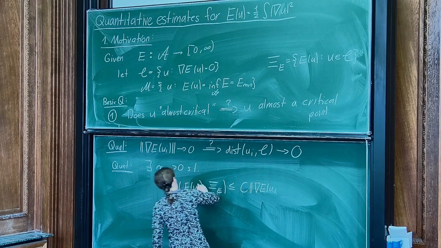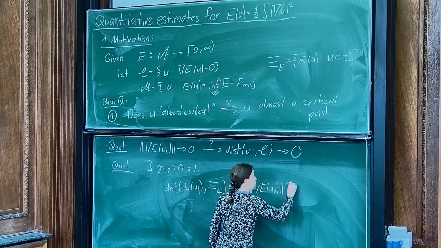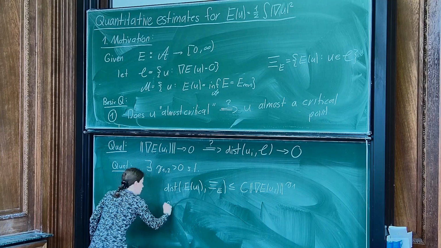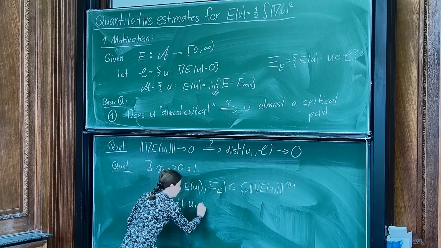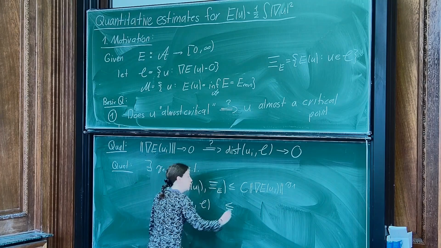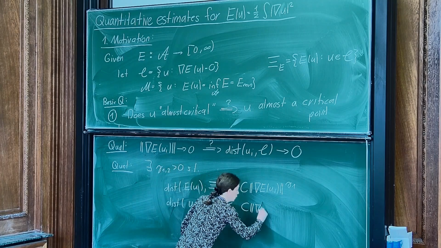I don't even need u_i here. And similarly, can I bound the distance of my u to the set of critical points in terms of a power here?